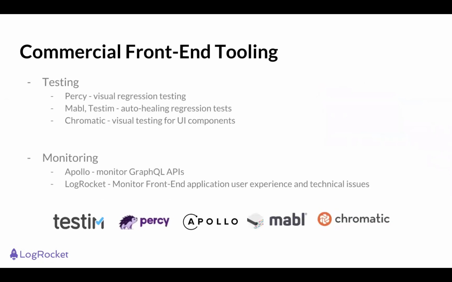On the commercial side of things, there's been a ton of companies start up in the past few years to help with front-end productivity. So tools like Percy and Mabl and Testim, Chromatic for testing your application. And these tools help with building robust regression tests, helping you visualize changes to your application due to code issues, testing at the component level, and other things like Storybook, which I didn't put on here, but that's for visualizing components locally in different states.